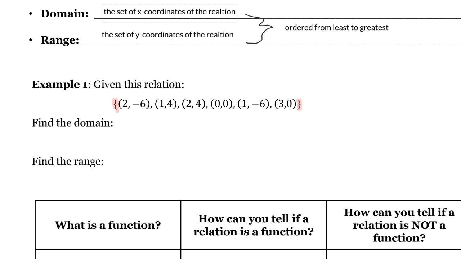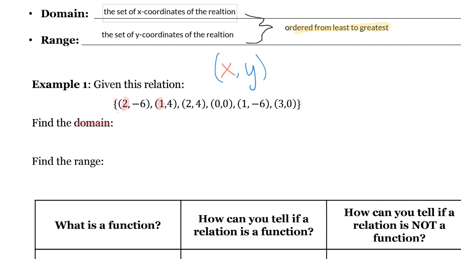Okay, so remember, an ordered pair is written x comma y, right? So the domain is your x values. So we want to put all of our x values in order from least to greatest, because that's what it says. But let's first figure out what all of our x values are.